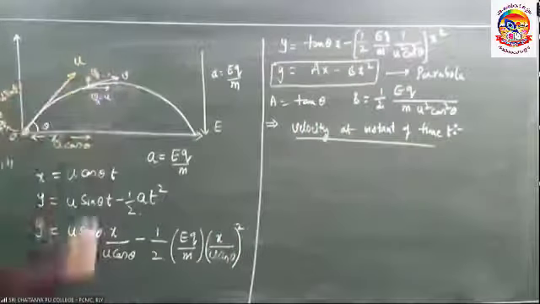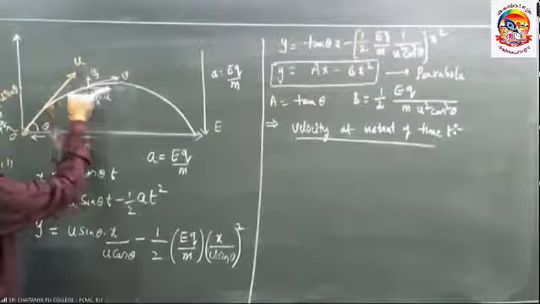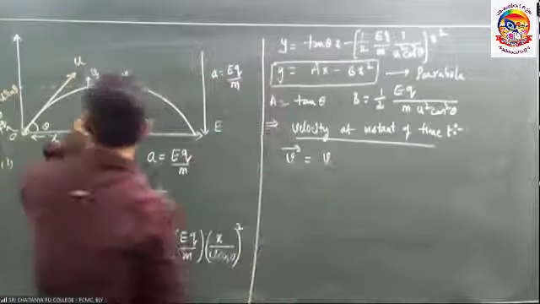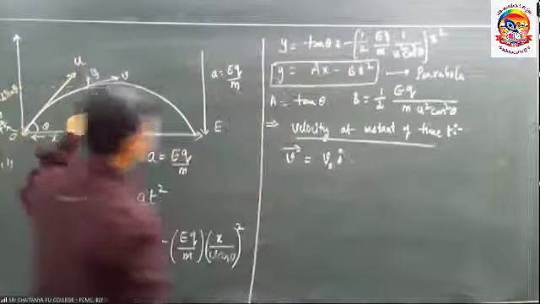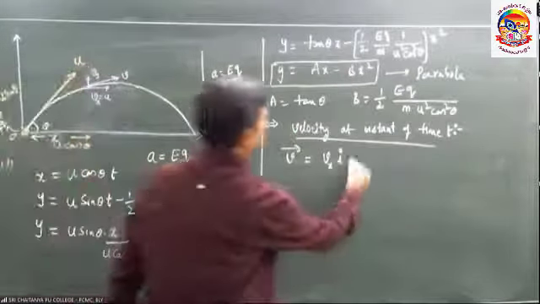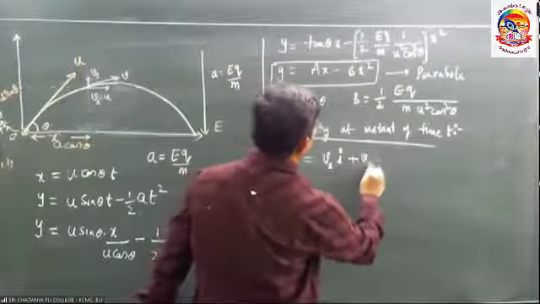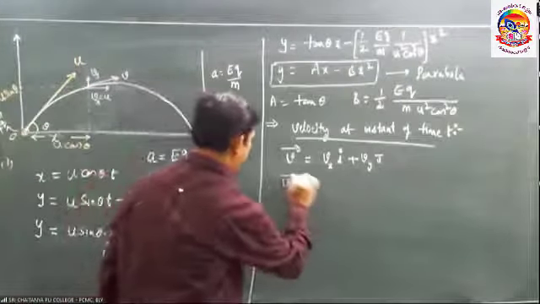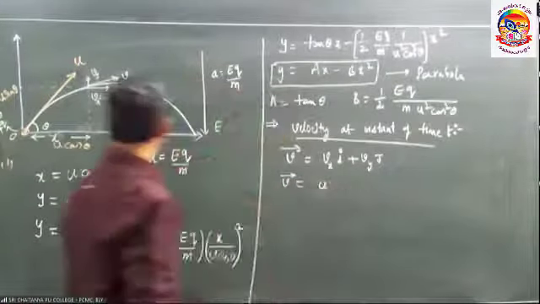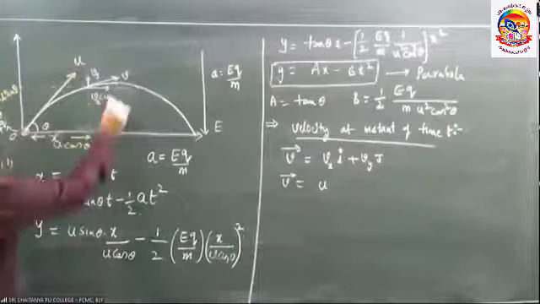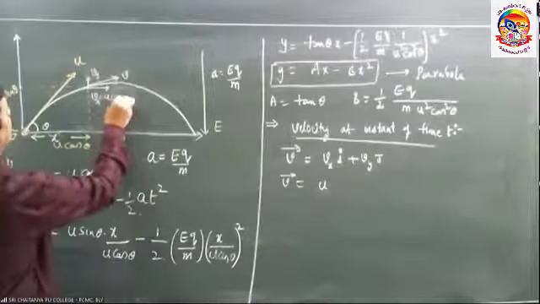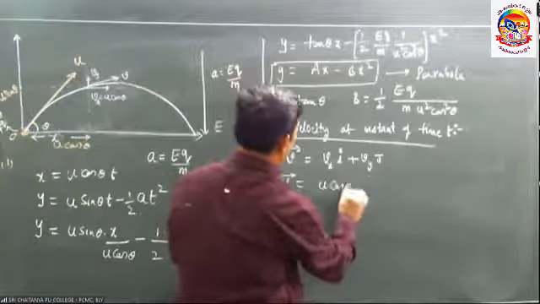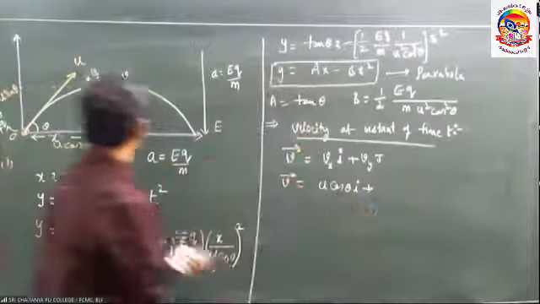I can write that V in vector form as Vx i plus Vy j, where Vx is u cos theta i plus Vy.